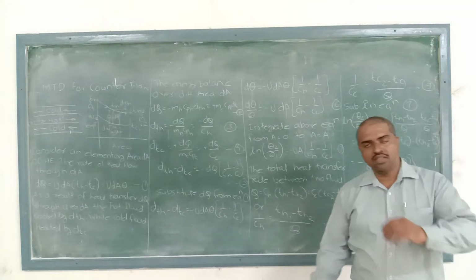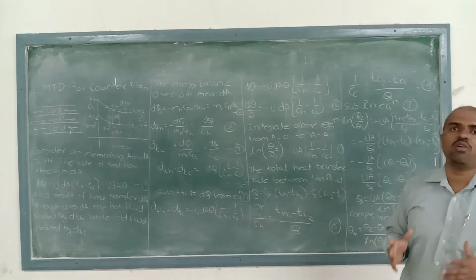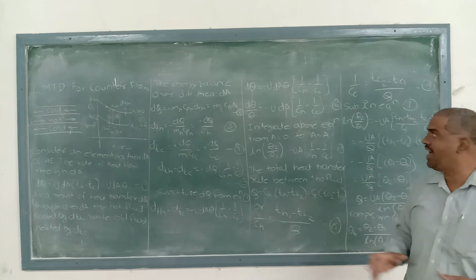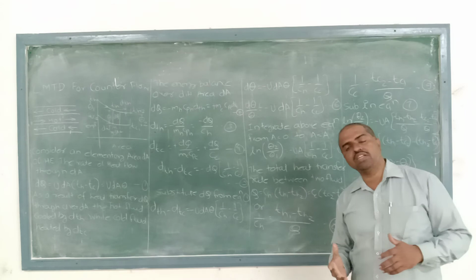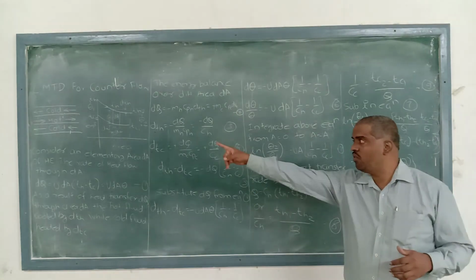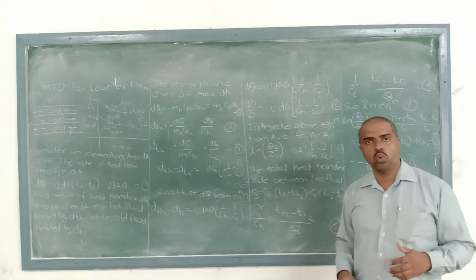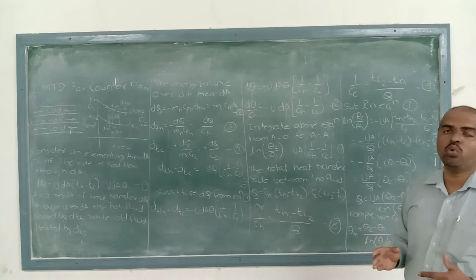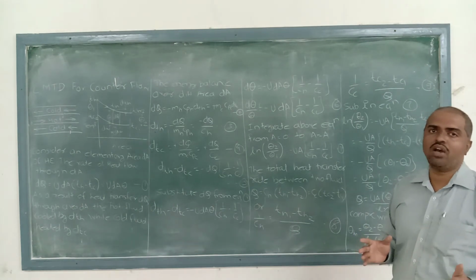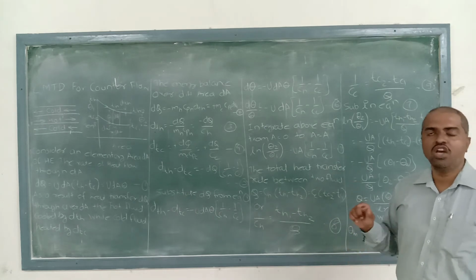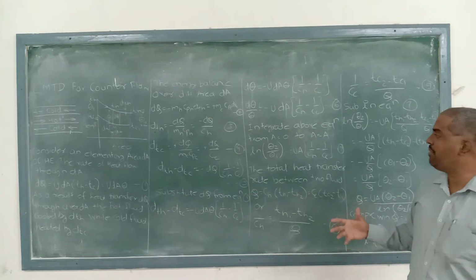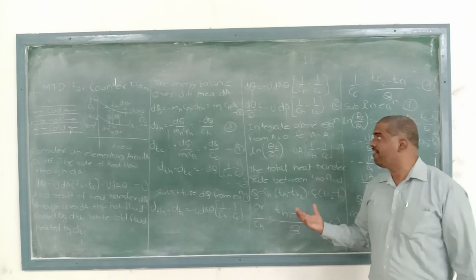This is the heat transfer for the small elemental area, so we have to calculate for the total heat exchanger, considering points 1 to 2. Here we take the theta terms to one side and the A terms to the other side. After integration, we get the total temperature difference area wise.